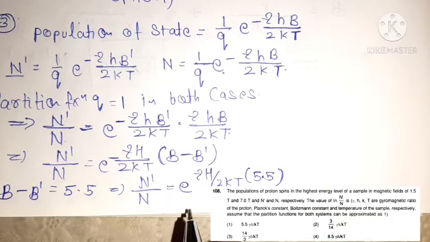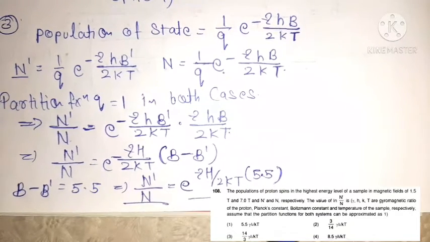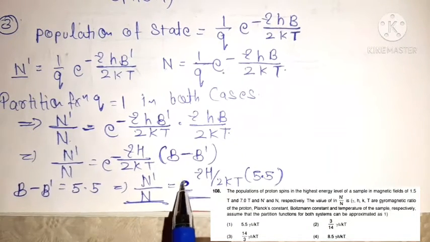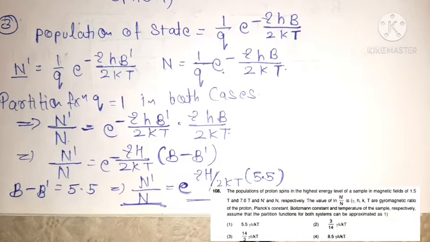Okay, friends, now take the natural log on both sides of this equation. So e to the power converts into normal, gamma h upon 2 kT into 5.5.